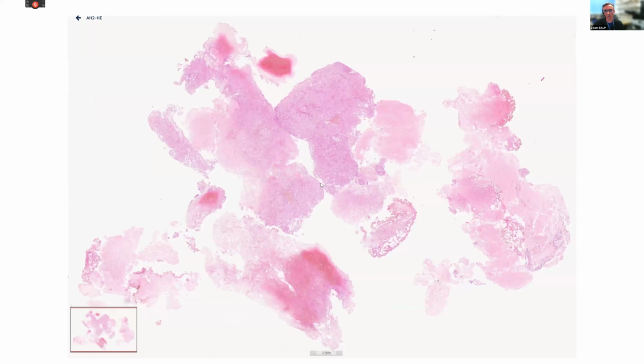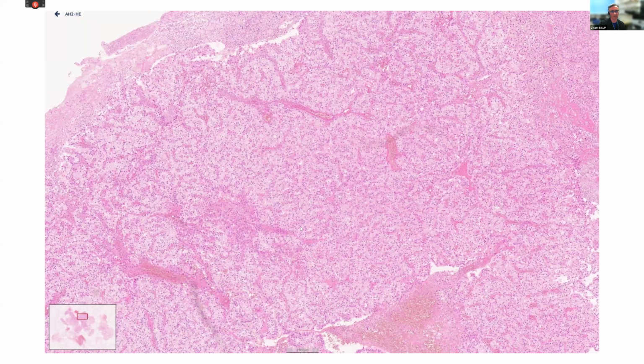So on the low power, multiple fragments of a tumor. Some fragments appear quite cellular, others quite degenerate, quite hemorrhagic in places. And as we go on medium power, we can see these areas of perhaps closely packed areas of what look fairly clear or likely eosinophilic cells with a very rich vascular network running throughout.